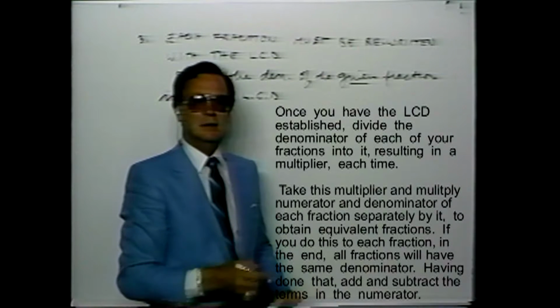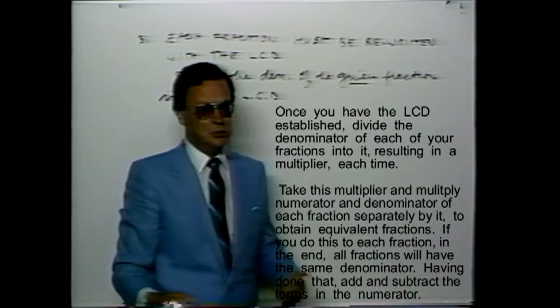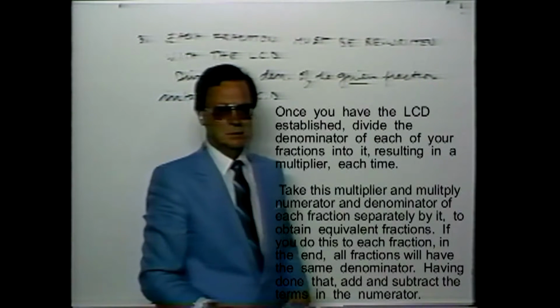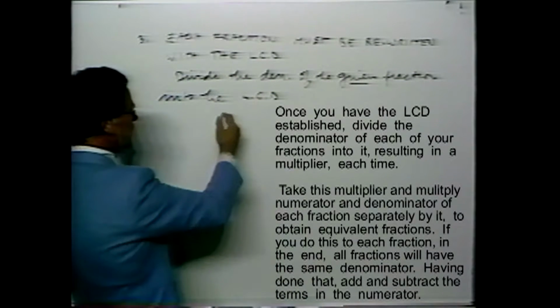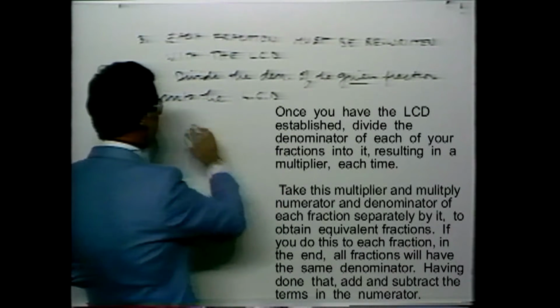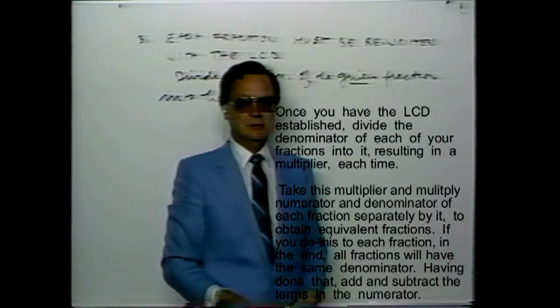Sometimes if you divide a given denominator and the LCD happens to be the same denominator, you might get 1 out of it. That occasionally happens. But nevertheless, when you divide the denominator of the given fraction into the LCD, you will end up with a factor of some sort.